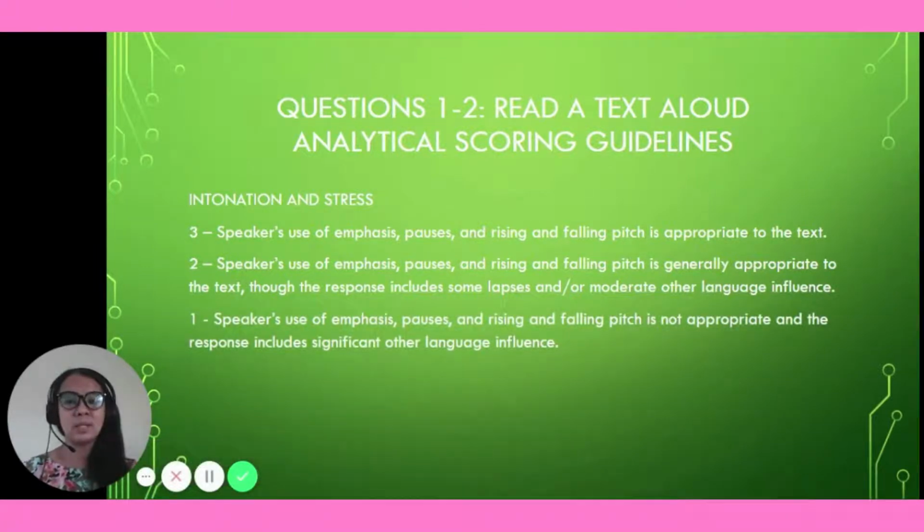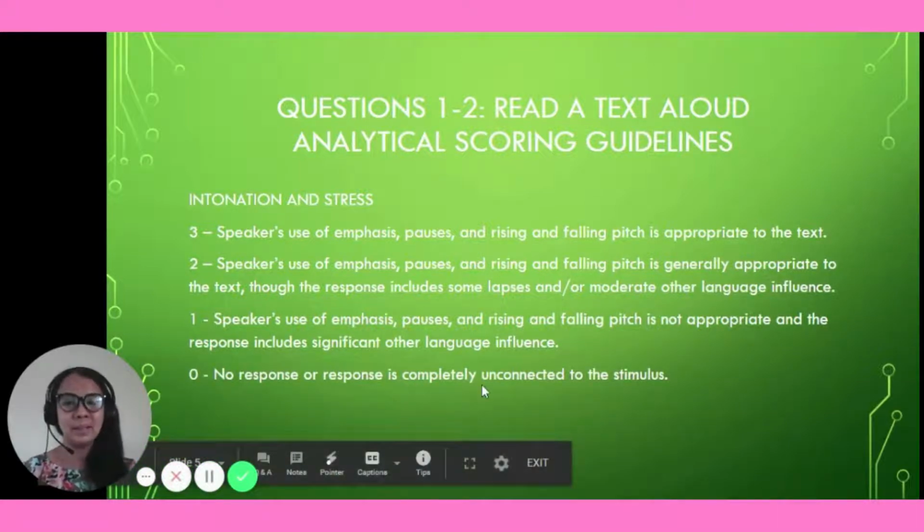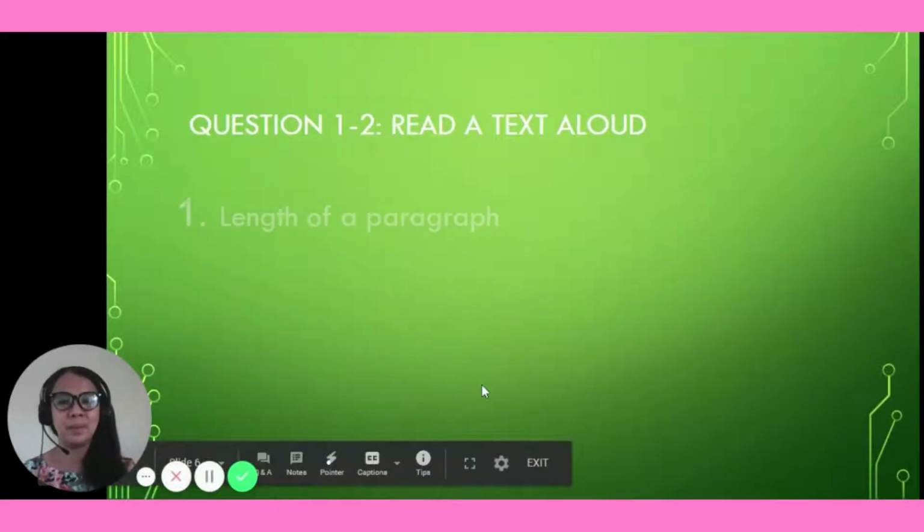Speaker's use of emphases, pauses, and rising and falling pitch is not appropriate and the response includes significant other language influence. And 0. If there is no response or the response is completely unconnected to the stimulus.